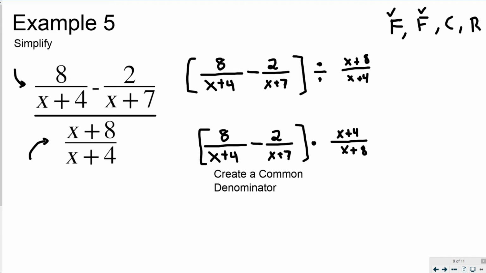And to do so, the easiest strategy is to multiply by the denominator of the other. I'm going to multiply 8 over x plus 4 times x plus 7 over x plus 7, and then this one here will be times x plus 4 over x plus 4. I just don't have that much room.